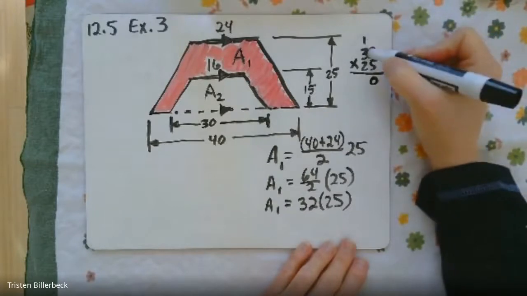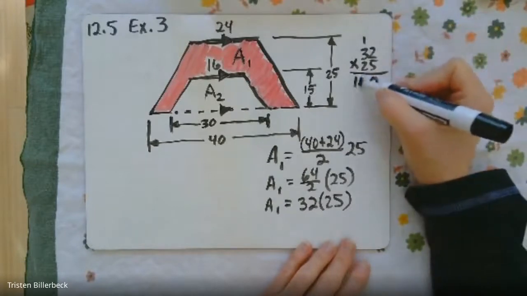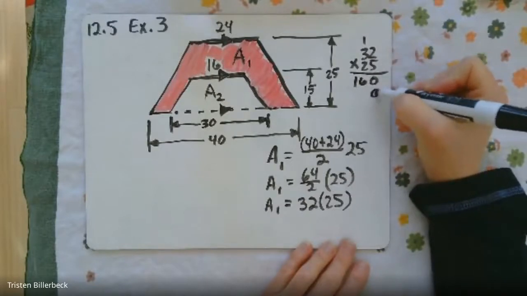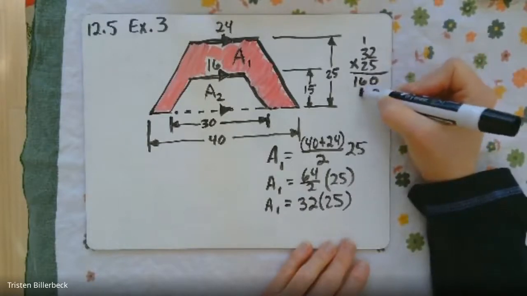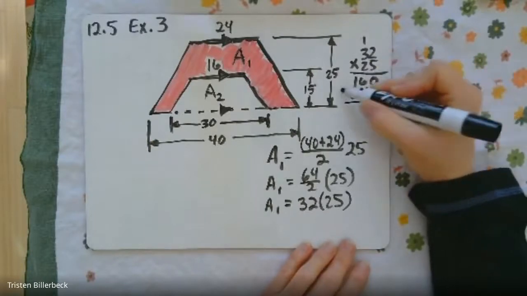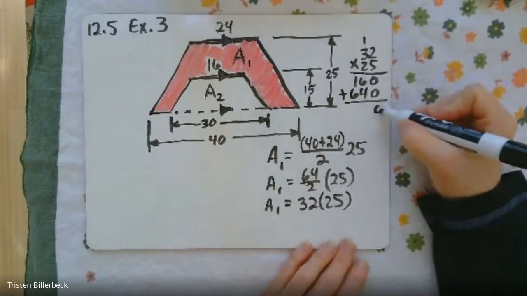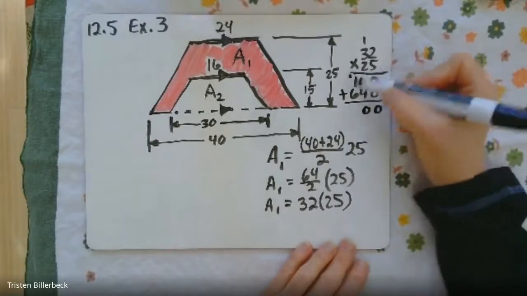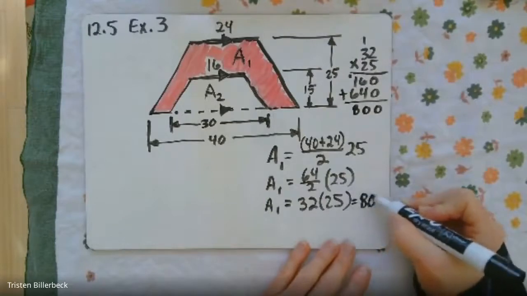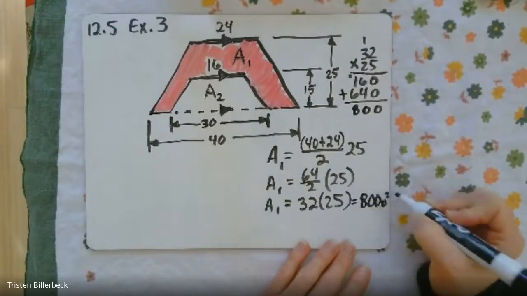Carry the 1. 5 times 3 is 15, plus 1 is 16. Use a 0 here. 2 times 2 is 4. 2 times 3 is 6. And we add them together. So we have 0, 10, 8. So this ends up 8100 units squared.